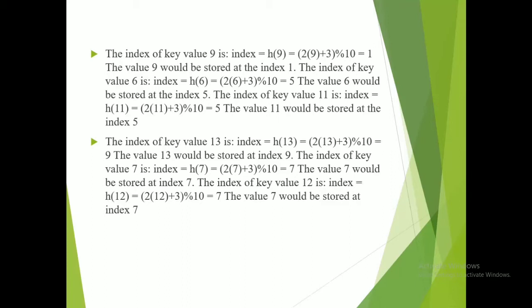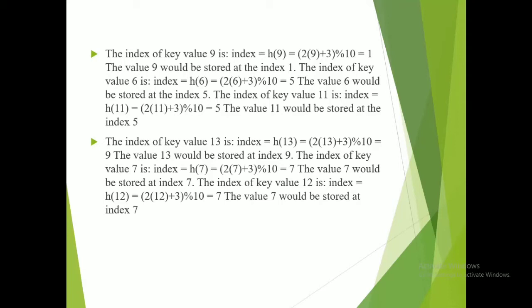The key value is 11. Index h(11) = (2 × 11 + 3) mod 10 = 5. The value 11 will be stored at index 5. The key value is 13. Index h(13) = (2 × 13 + 3) mod 10 = 9.